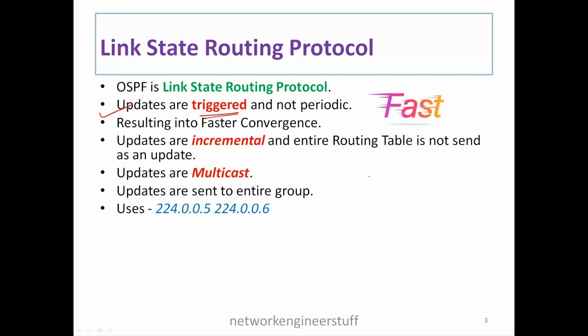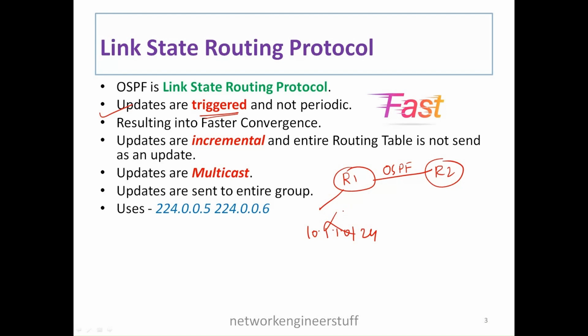I'll try to explain with the help of a diagram, a small topology. Let's say this is router R1 and this is router R2 and OSPF is running between them. And let's say there's some prefix, 10.1.1.0/24. For some reason, let's say this network goes down.